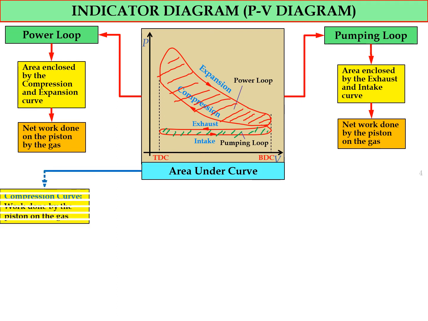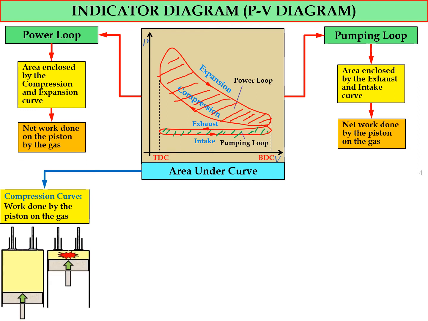First, we look into the area under the compression curve, the work done by the piston on the gas. As you can see in the diagram, we have the piston, combustion chamber, and two valves up there, the intake and exhaust valves, and this is the piston, and this is the cylinder.